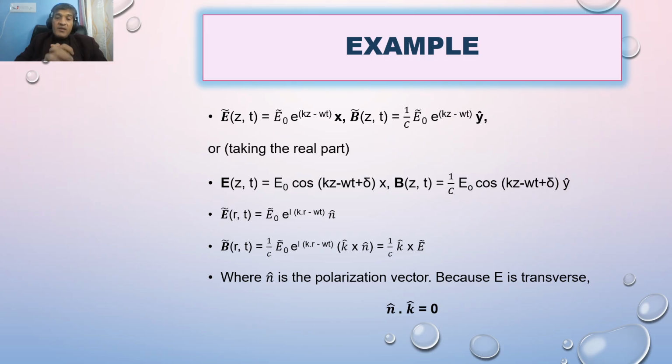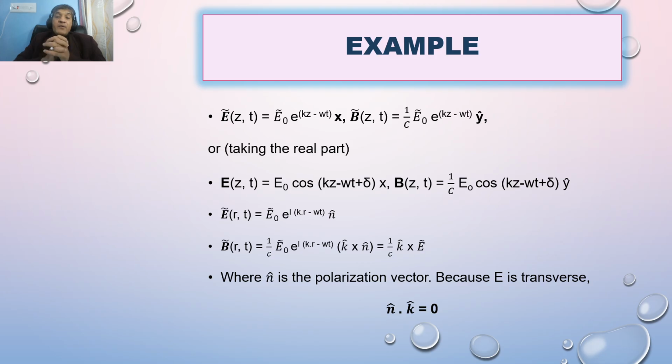Now taking the real parts, we have another form of the equation in terms of cos: E equal to E naught cos, and inside the bracket we have kz minus omega t plus delta. Here delta is a phase difference. As we know, in the case of free space, the electric field and magnetic field are in the same phase.